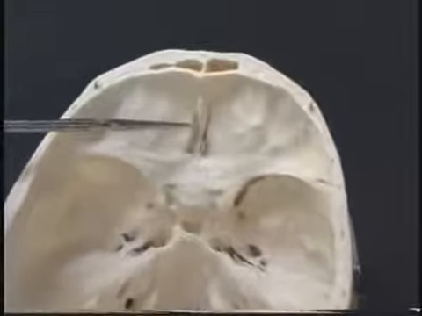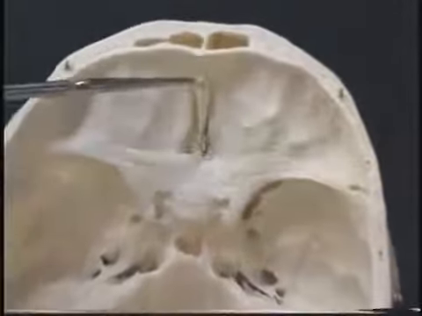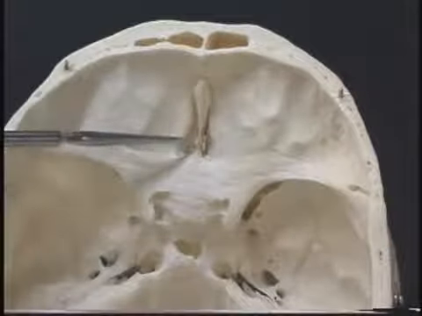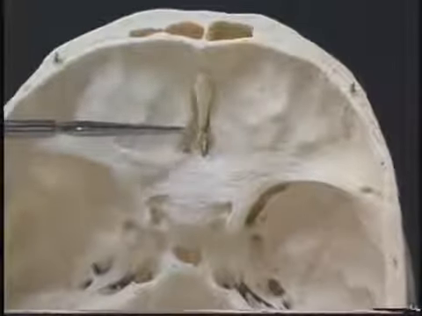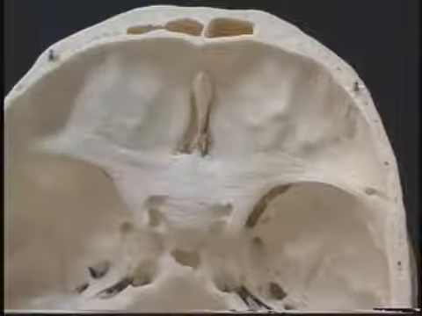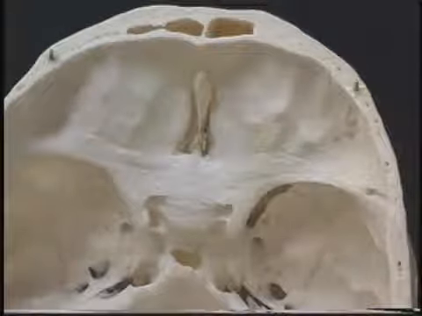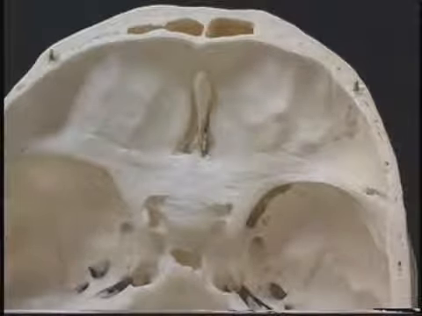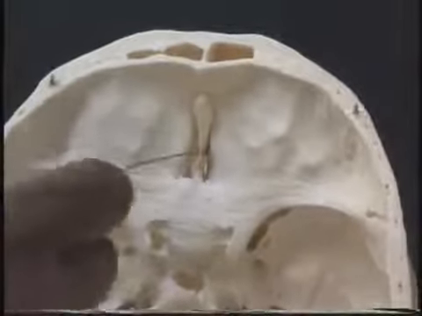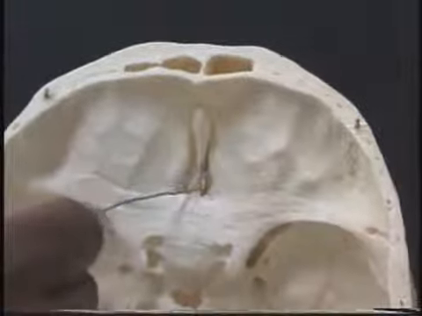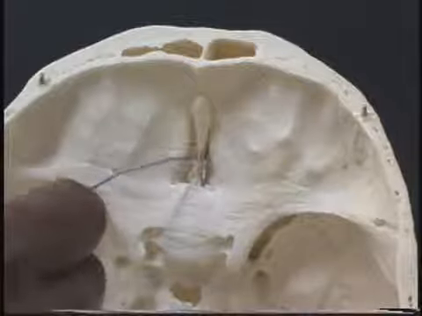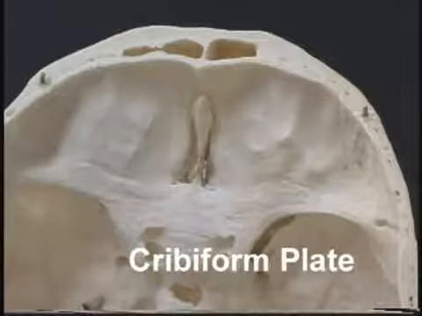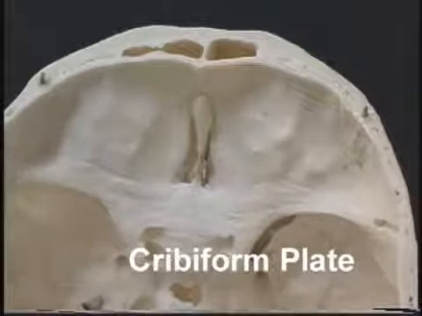A sleeve of dura, which is called the falx cerebri, attaches onto the crista galli. On each side of the crista galli, there are numerous openings, and these are known as the cribriform plate of the ethmoid bone.